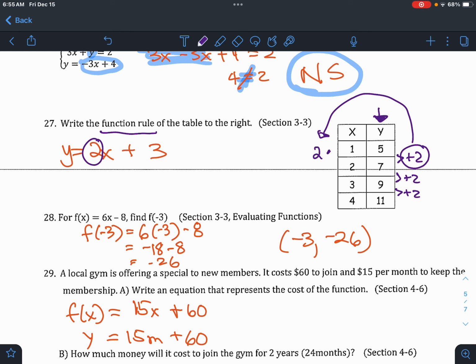So 2 times 1 is 2, right? And what do I have to do to get to 5? Well, I have to add 3. And so I know adding 3 is what happens. And I can go ahead and check this for the other ones if I'm a little curious. So if I multiply 3 by 2 and add 3, do I get 9? I do. So I know I'm writing the rule right.